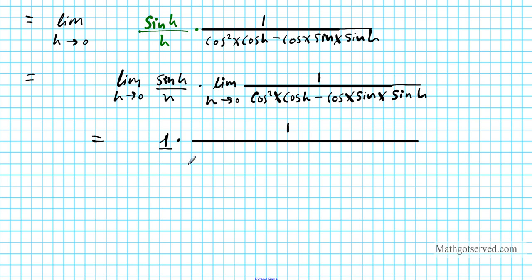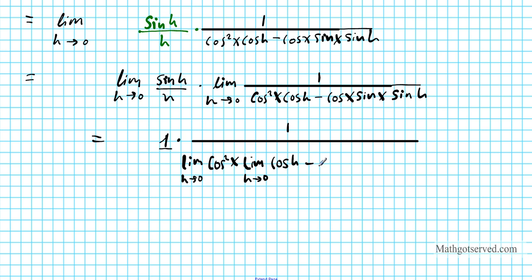We're going to take the limit as h approaches 0 of cosine square x. This is going to be long. I'm going to need more space for this. Okay, I'm going to write narrow so that it fits. So we're going to take the limits of each and every term in the body. All right, so limit as h approaches 0 of cosine square x, that's the first term, and then the limit as h approaches 0 of cosine h.